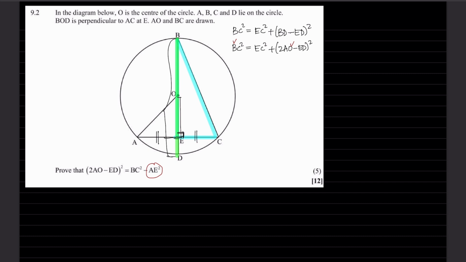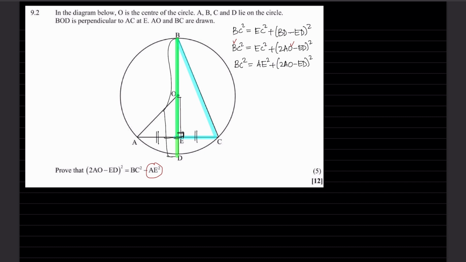So we can replace EC with AE. So our equation is now BC squared is equal to AE squared plus bracket 2AO minus ED all squared.